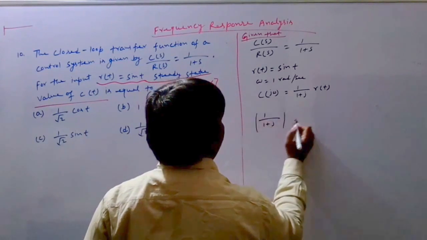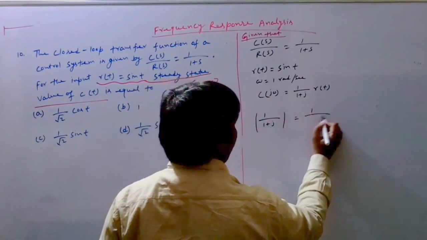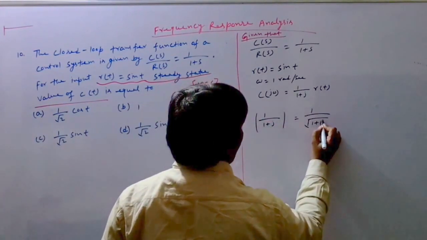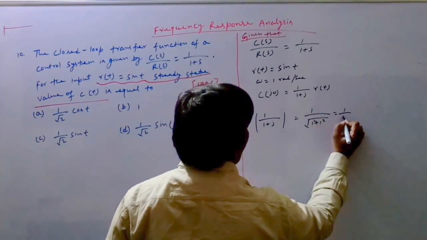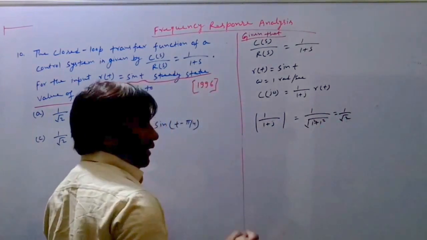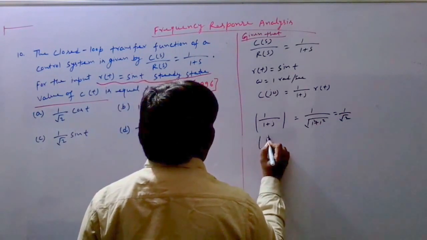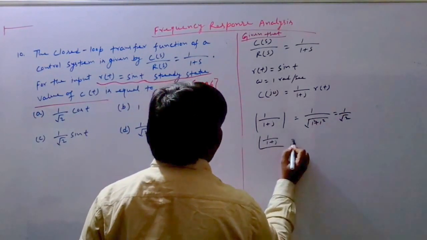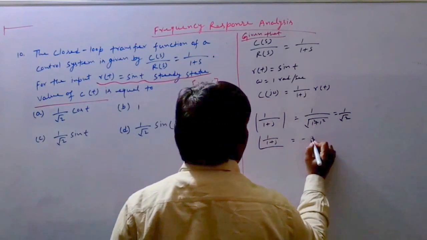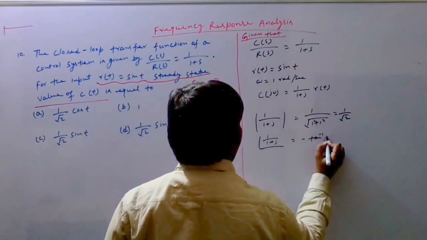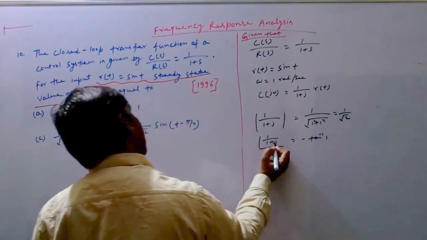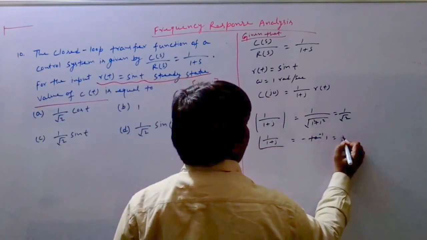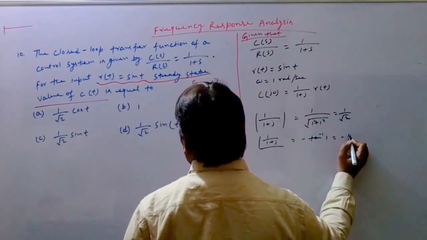The magnitude is 1 by under root 1 plus 1, so it is 1 by root 2. And what is the angle? The angle is minus tan inverse of 1 by 1, because the j part is 1 and the real part is 1. So minus pi by 4.